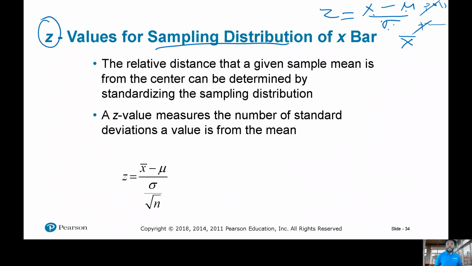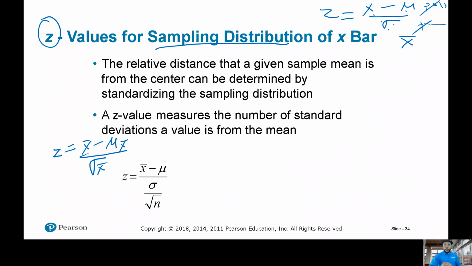And in this case, since we are dealing with the mean, with the sampling distribution, our z is now equal to x bar minus mu of x bar divided by the standard error.